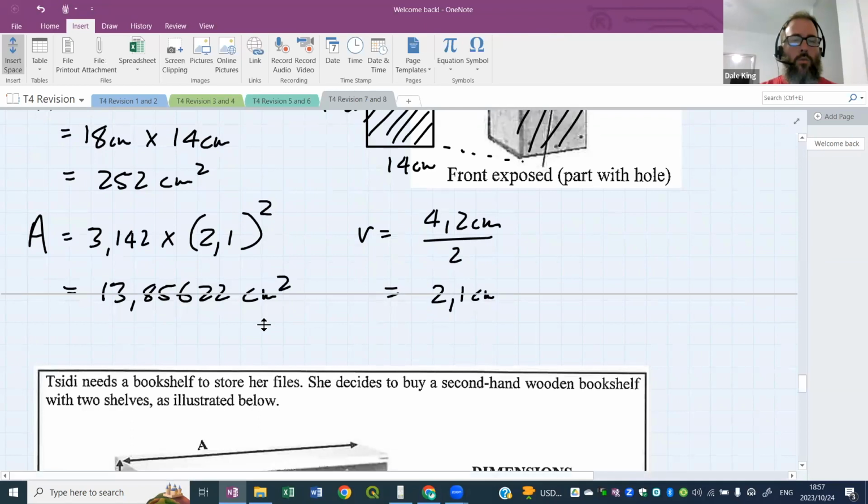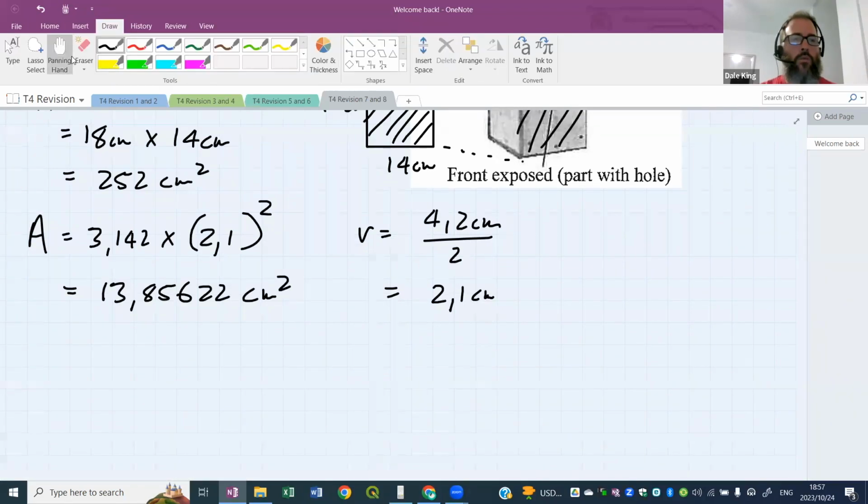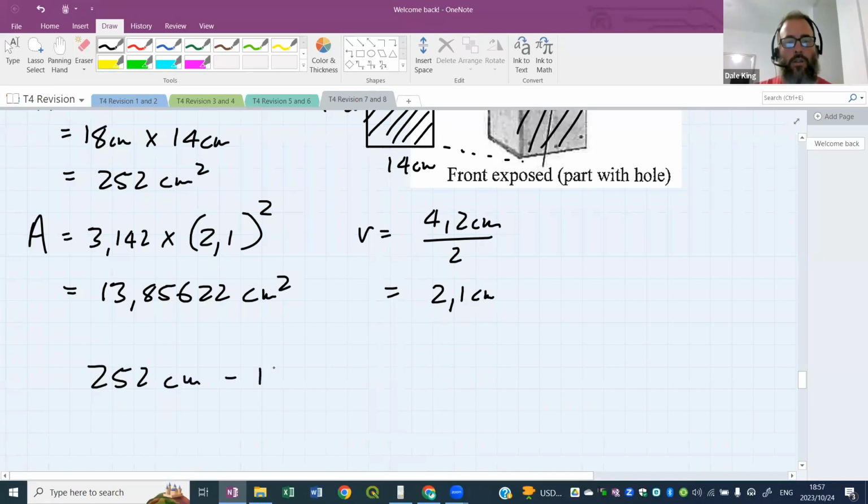So I'm going to move down and create some more space here. All right, so we're going to subtract the two. So I'm going to say 252, don't need a comma, minus 13,85622.